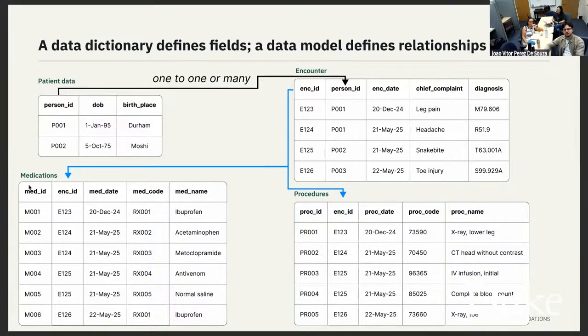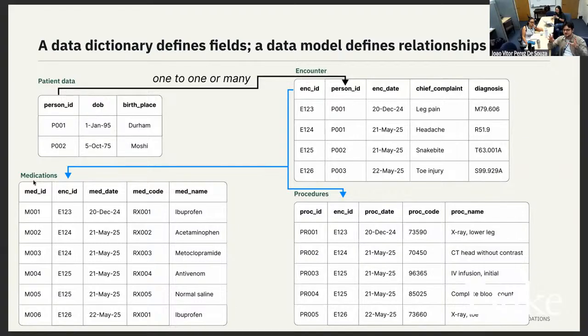And you can have multiple medications given in the same encounter or to the same patient. So that's why you really start to look at this multi-dimensional relationship that is not really captured by a spreadsheet.